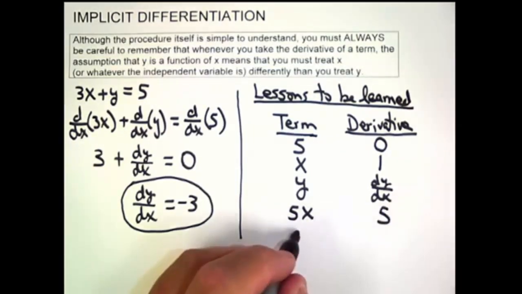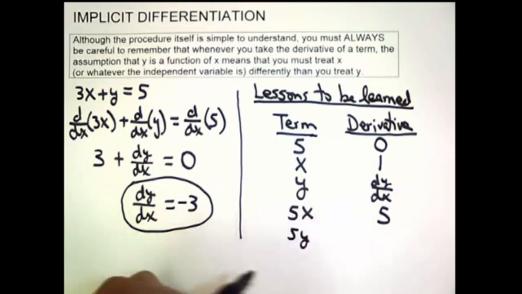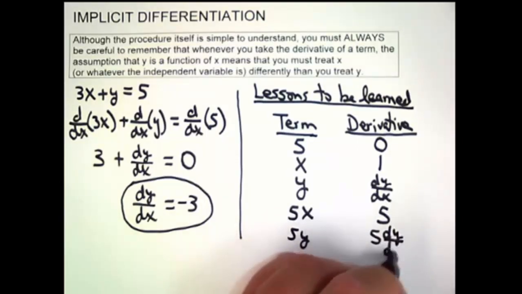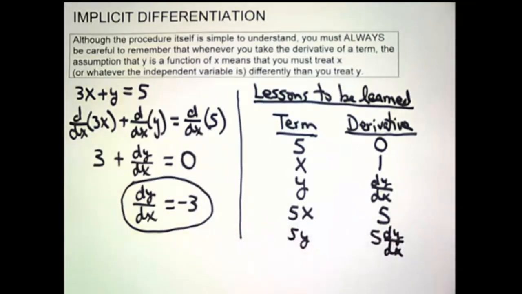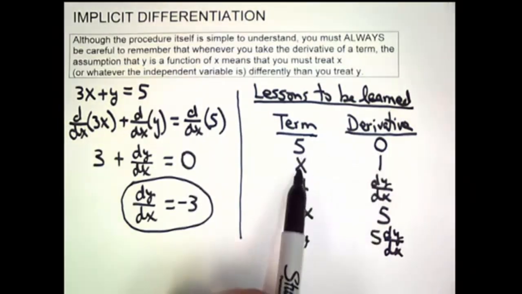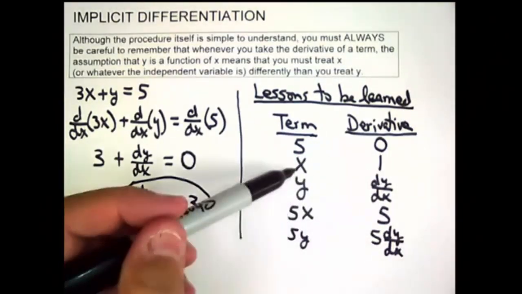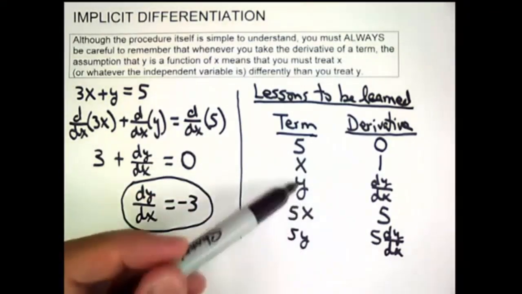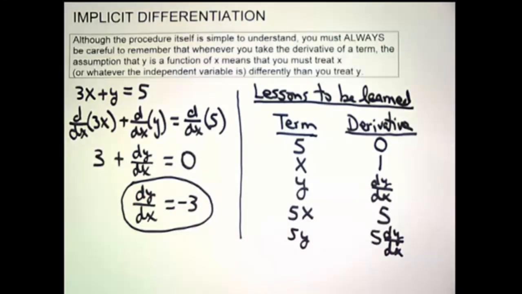But if I had 5y, the derivative is going to be 5 times the derivative of y with respect to x. So when you have a constant, 0, when you have some term involving just x, it's your ordinary derivative rules, but whenever a y is involved, you're going to have a dy over dx.